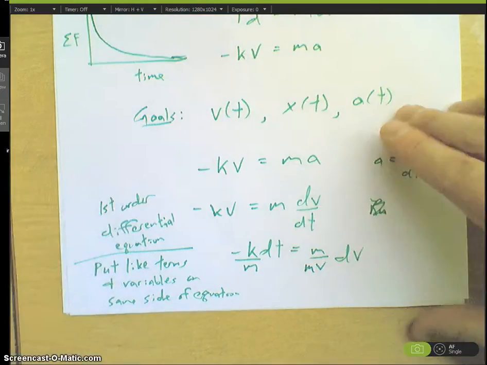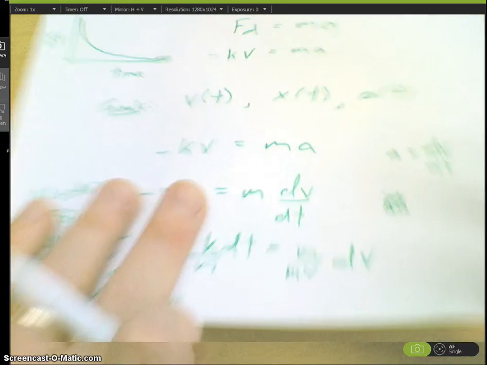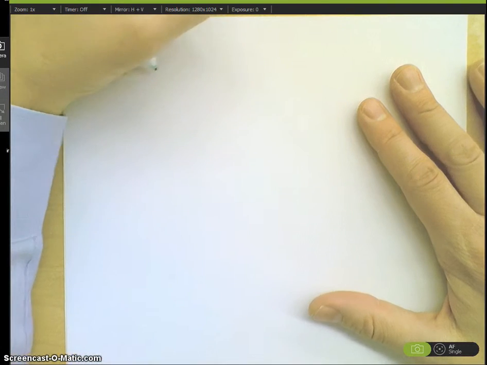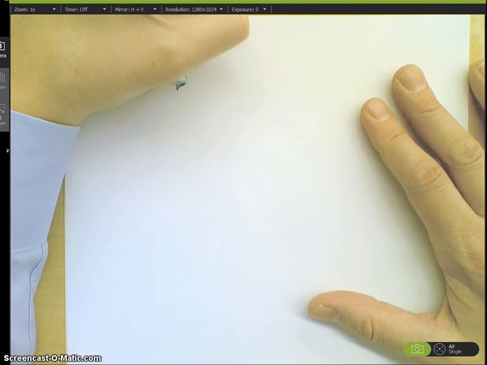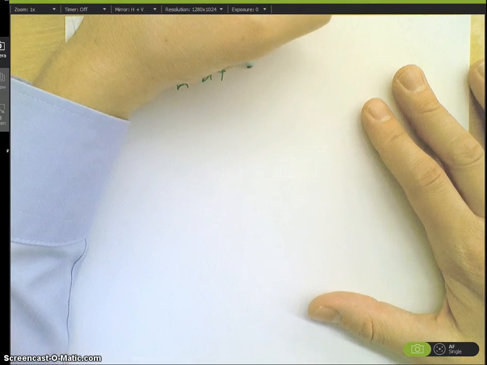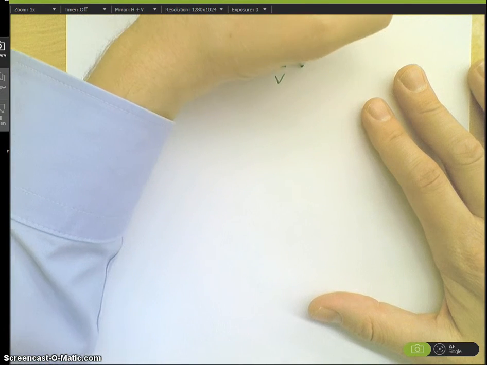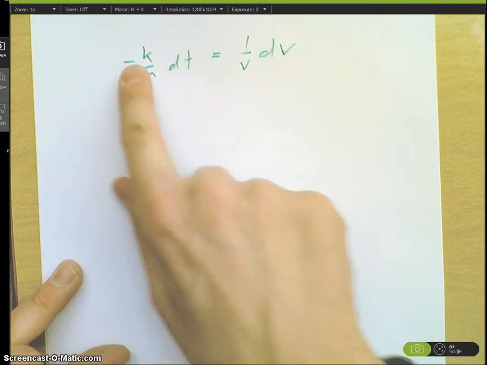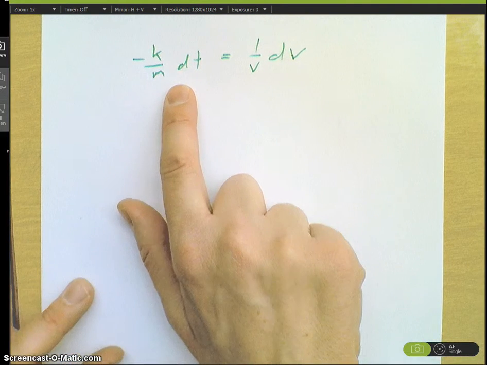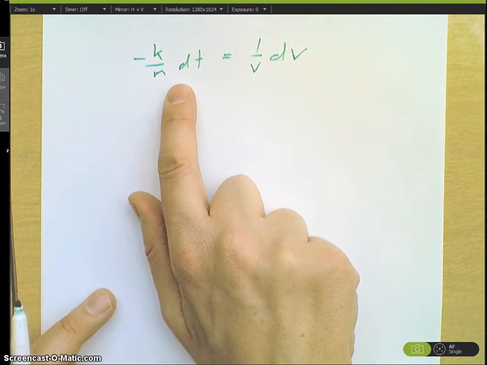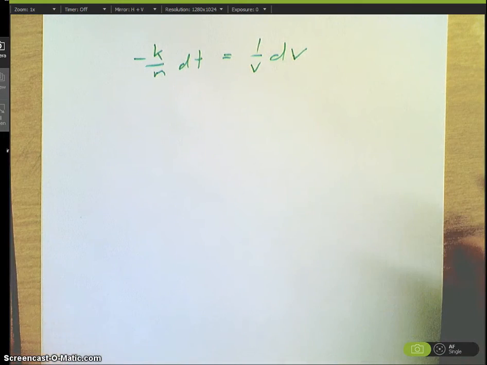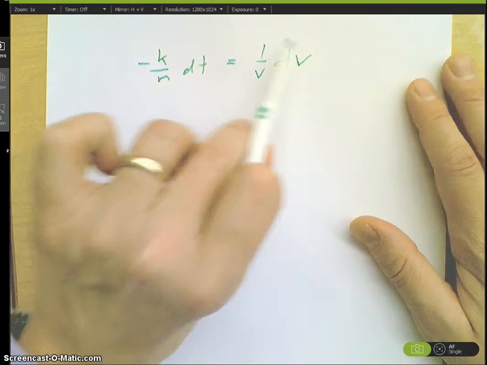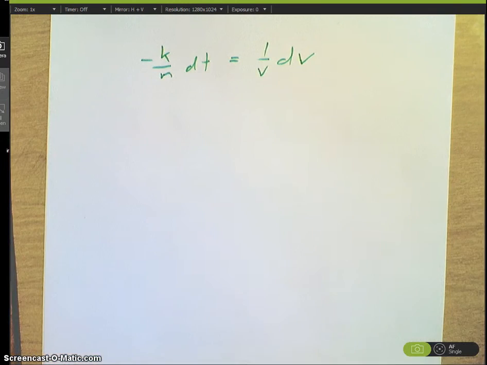Divide both sides by M. So I get the following: minus K over M dt is equal to 1 over V dV. The reason I brought it over to this side is because this side is going to be easier to integrate. It's fairly straightforward. So I bring the constants over to that side. Here I'll try to get the variables by itself.